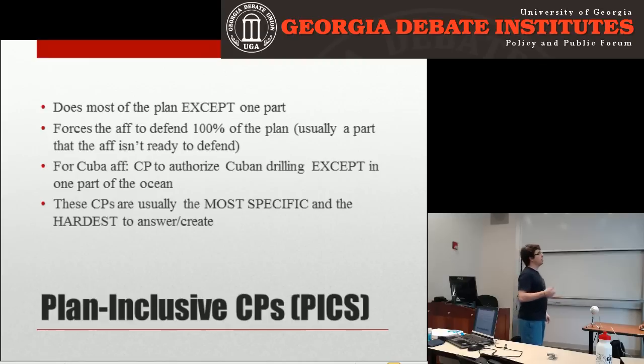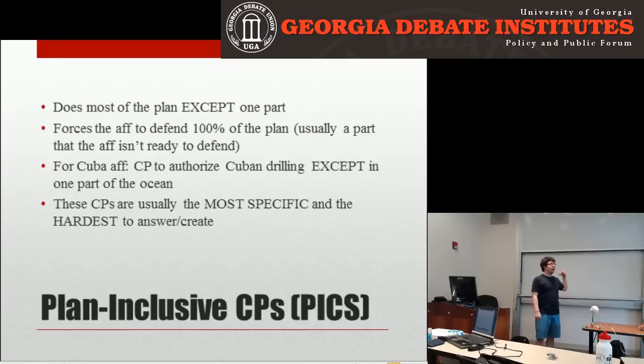When it becomes a little less competitive is when you pick out of something that's not in the plan text. For example, with the Cuba Act, you could read a counterplan to authorize U.S.-Cuba drilling together, except in one random part of the Gulf of Mexico.